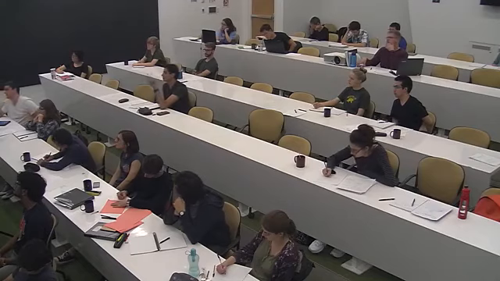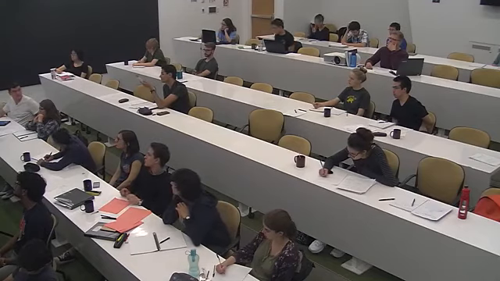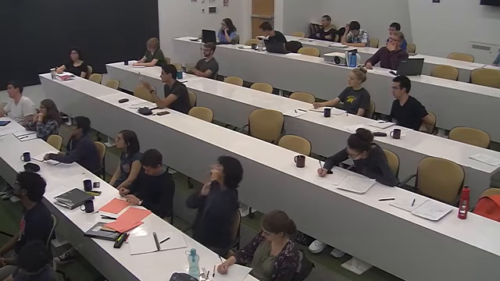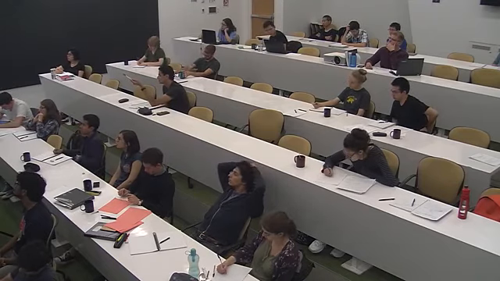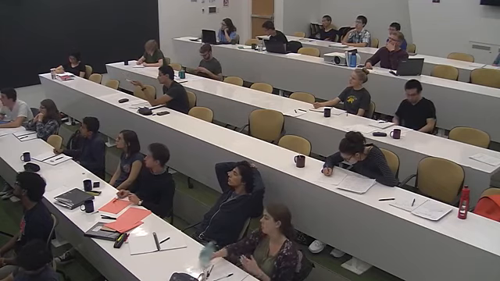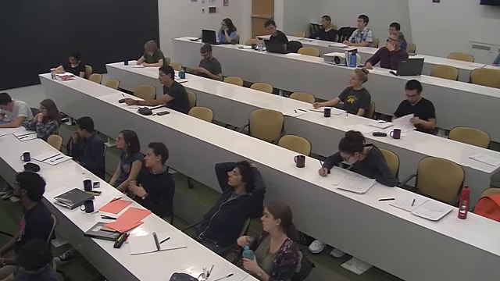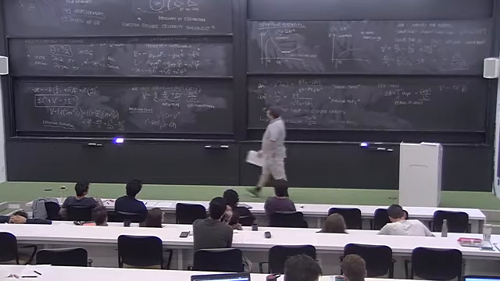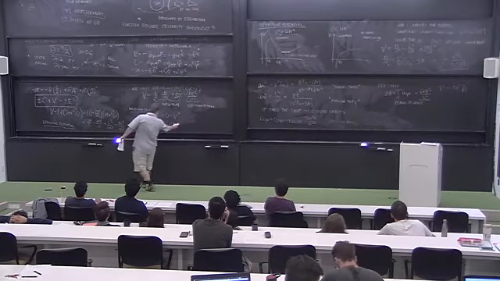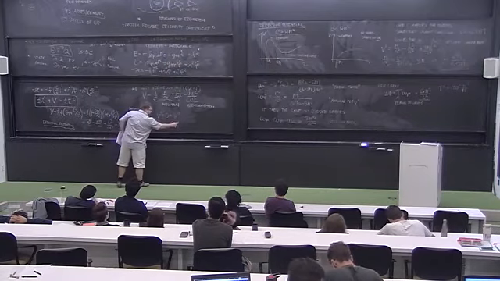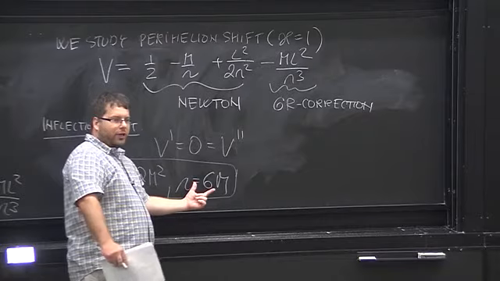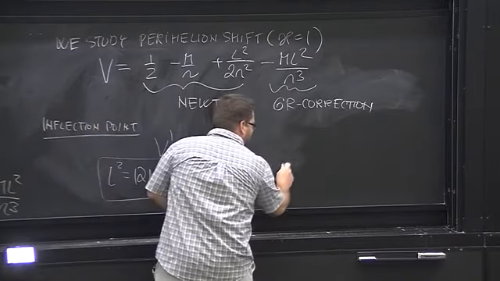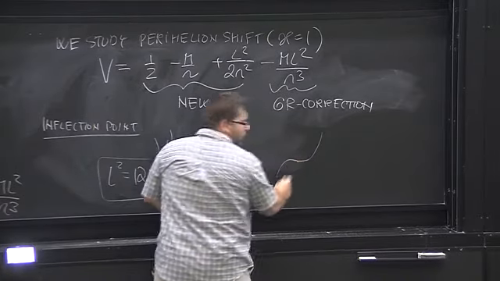Yes? Does it mean anything to have RC less than 3m? Because in this case, L squared will be negative. Oh, right. So we can't have that. Remember, I didn't stress that enough, but r equal to 6m is really important. That's the position of the inflection point, where the potential looks like this.